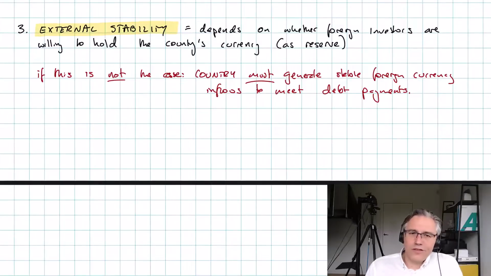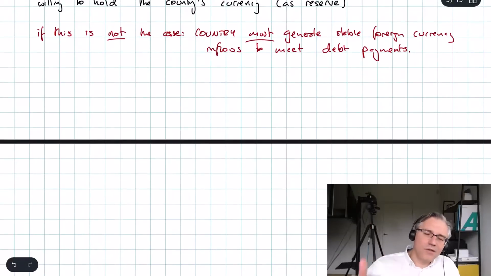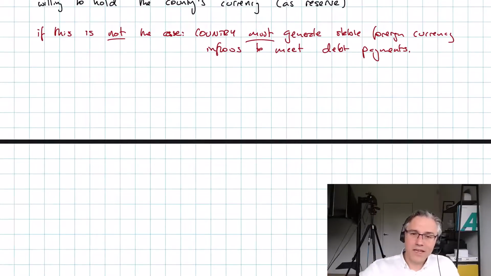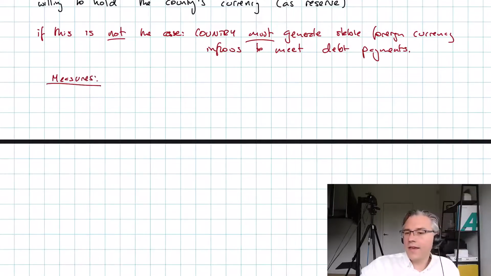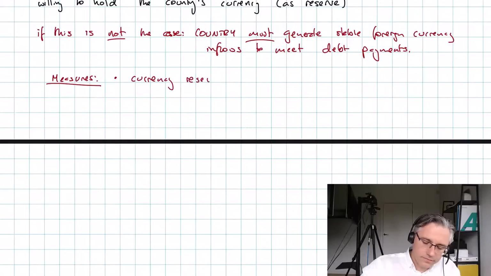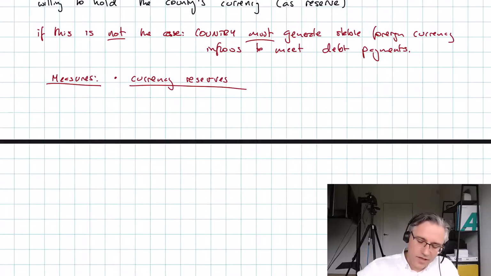And in order to then service the payments, interest and principal, you need to get your hands on that foreign currency to make those payments. And the way we measure how likely that is, is by typically looking at its currency reserves. Reserves that it holds on its own.